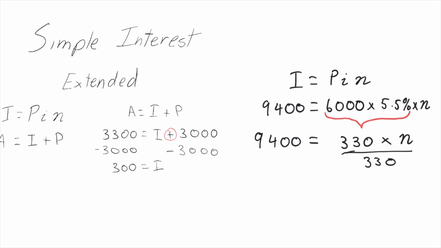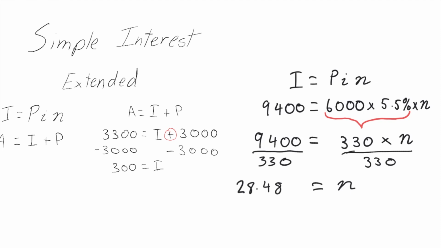And now I'm going to also divide this by 330. Now, my next line, I've cancelled out my 330, so I'm left with N on this side. But 9,400 divided by 330, well, that one equals 28.48.